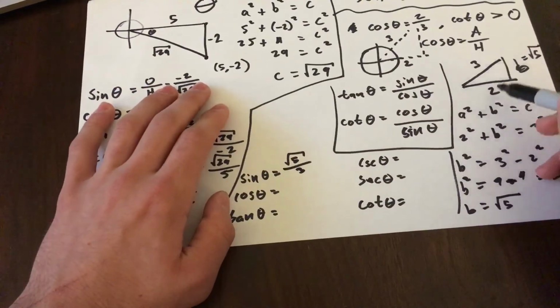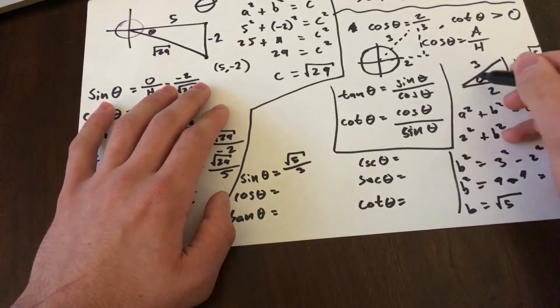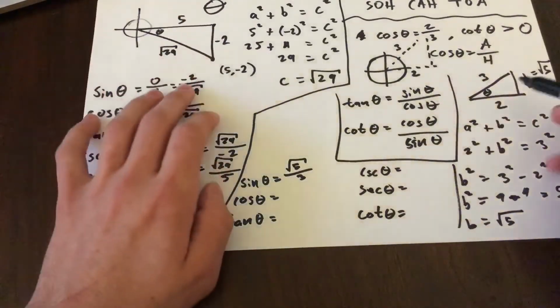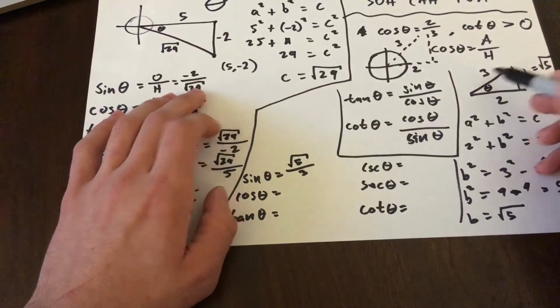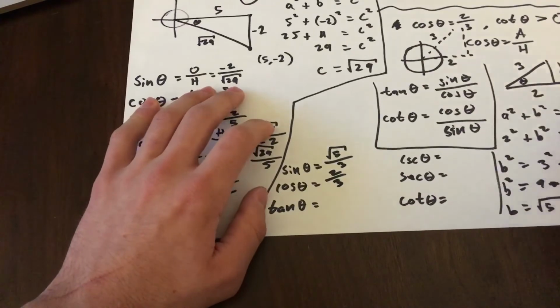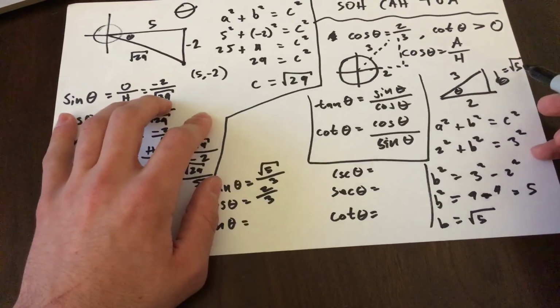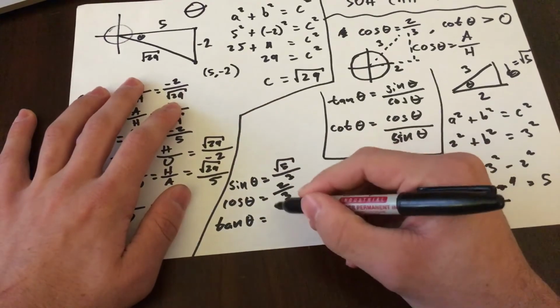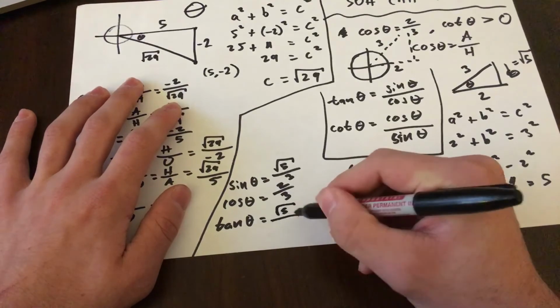Cosine is adjacent over hypotenuse. Theta is right there, because we're starting out from the unit circle. So adjacent is 2, hypotenuse is 3, so that's 2 over 3. Tangent is opposite over adjacent, so the opposite side is square root of 5 and the adjacent side is 2. That gives us square root of 5 over 2.